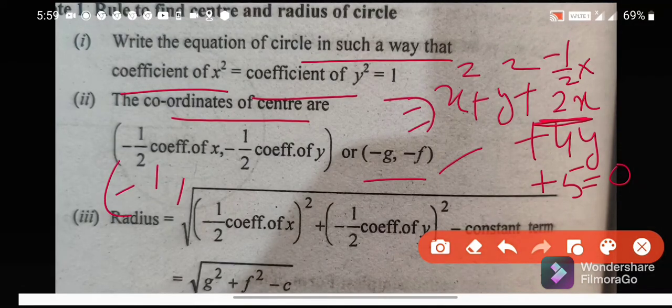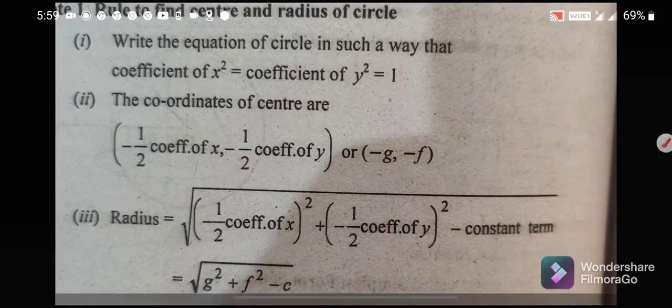Next, minus 1 by 2 coefficient of y, that is minus 1 by 2, and coefficient of y is 4. That is, center is (minus 1, minus 2). And coefficient of x square and y square must be equal to 1.